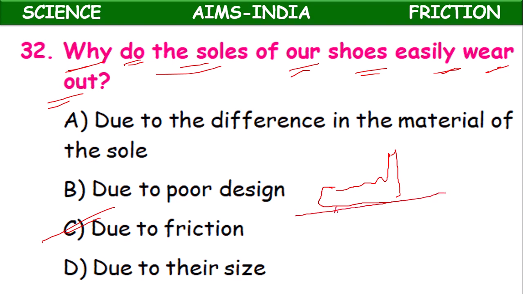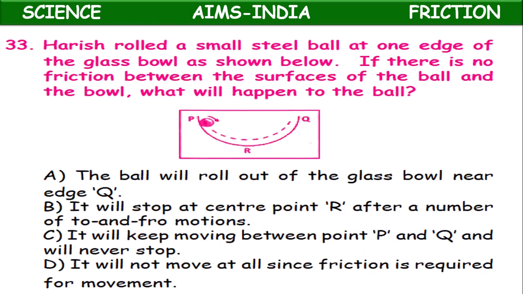Because of that, the spikes on the bottom surface of the shoe will wear out. Even the bottom part of the shoe also wears out. If we continue to use the same shoes, we will lose the grip. We cannot walk properly or run properly on the ground with the shoes. So this is the disadvantage of friction. So the answer is due to friction.